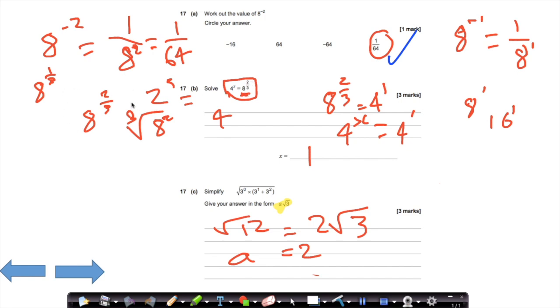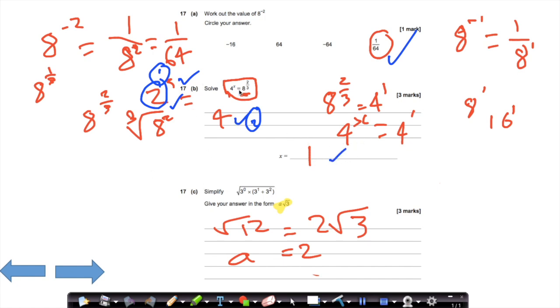If you did this example, then working out that the cube root of 8 was actually 2, that would have given you 1 mark, and then squaring that, because the numerator was 2, to give you 4 would have given you the second mark. So that's 1 mark for finding 2, second mark for finding 4, and the third mark was for the answer, 1.